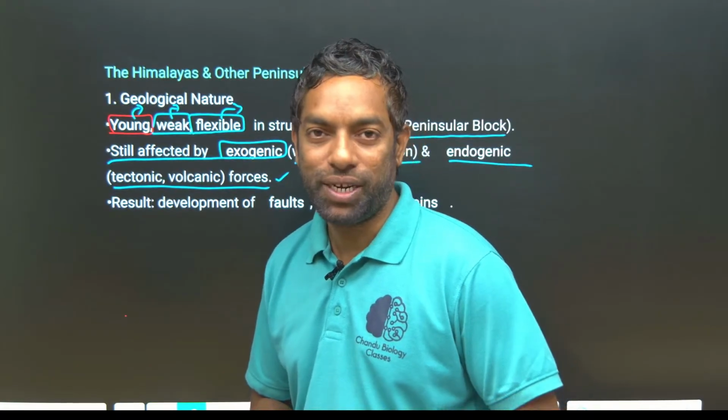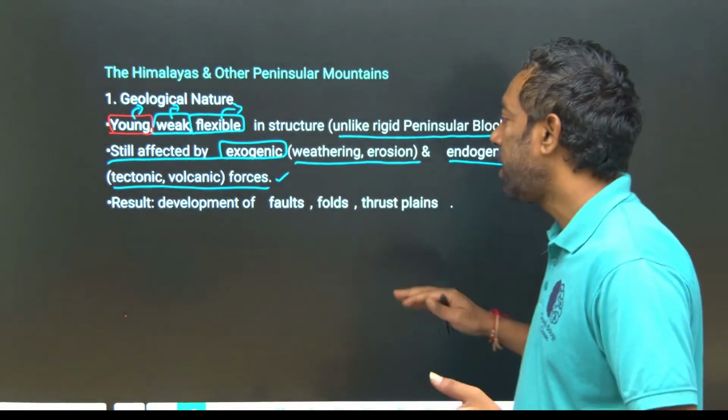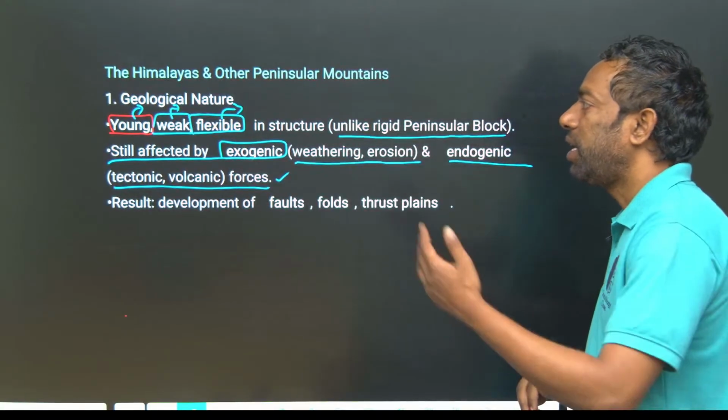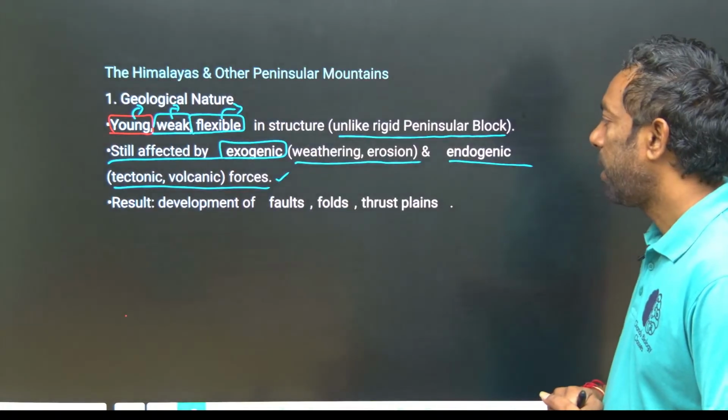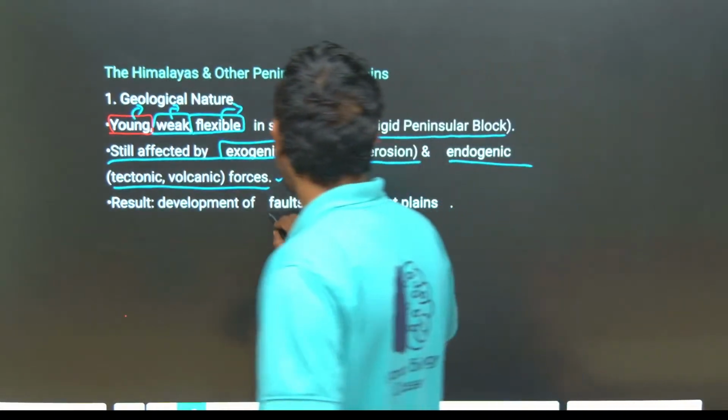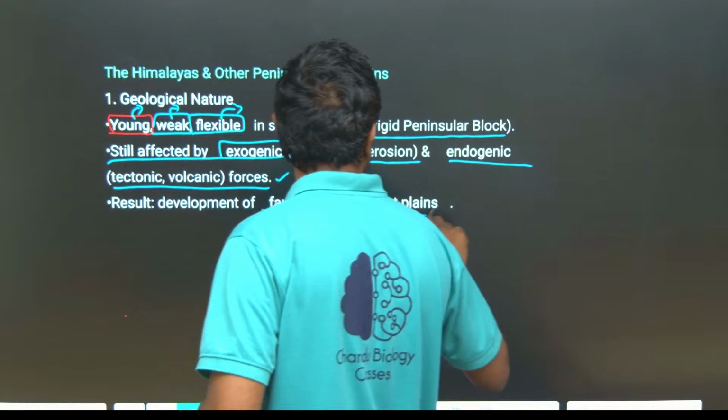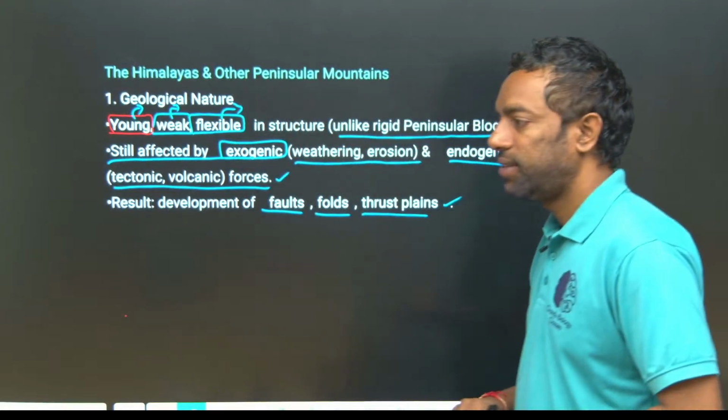That is endogenic. Endogenic and exogenic activity created the Himalayan geological nature, guys. Because of that, faults, folds and thrust planes are created.